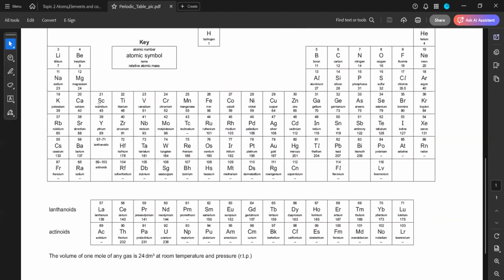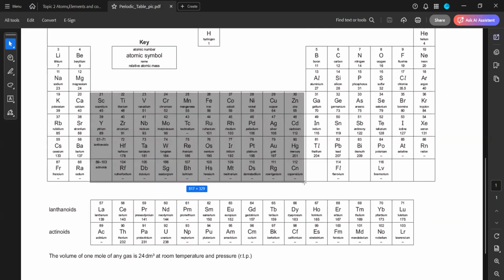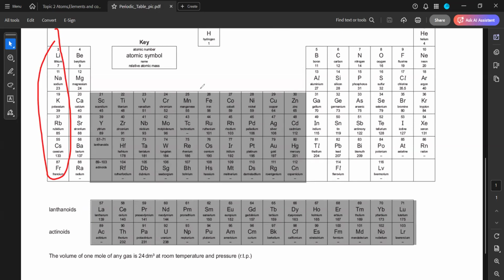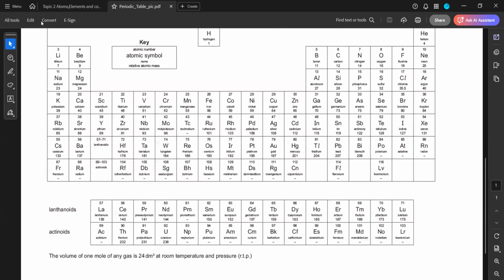We have this part of the periodic table. These are the transition elements or transition metals. So in the metals topic, we compare the group 1 elements, like these, with the transition elements. I can state the properties, but that is not a topic we have discussed.